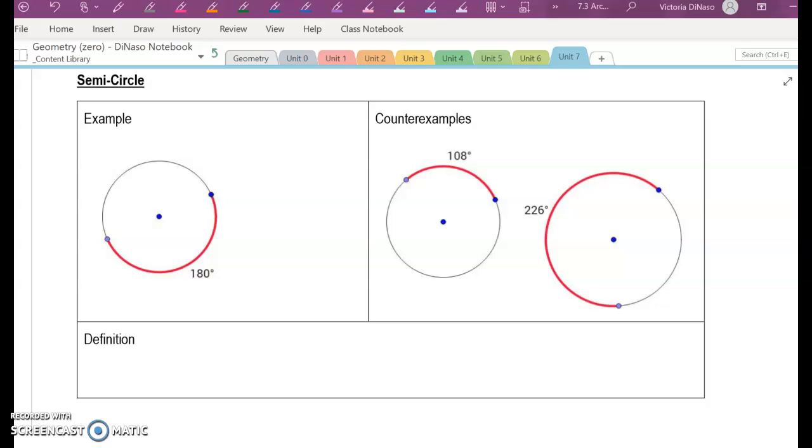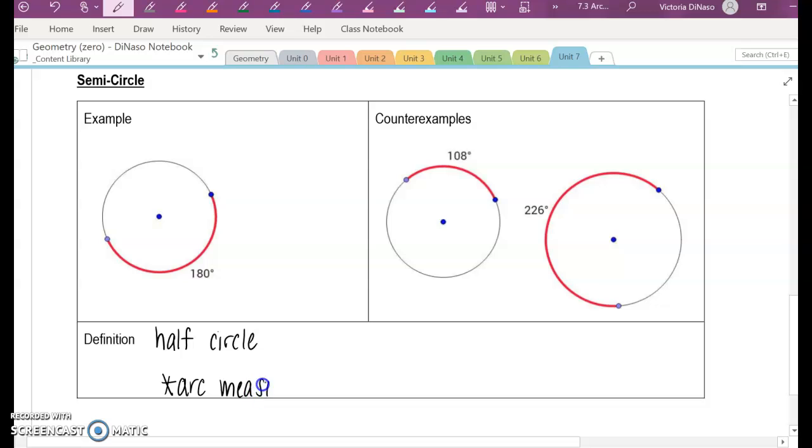Our next definition is a semicircle, and a semicircle is a half circle. What's important about a semicircle is that a semicircle always measures exactly 180 degrees.